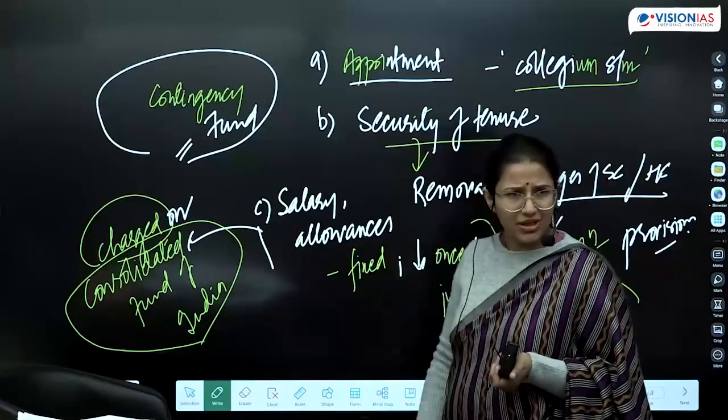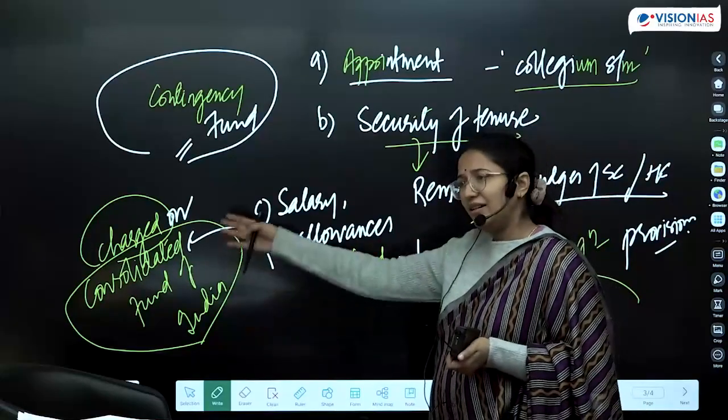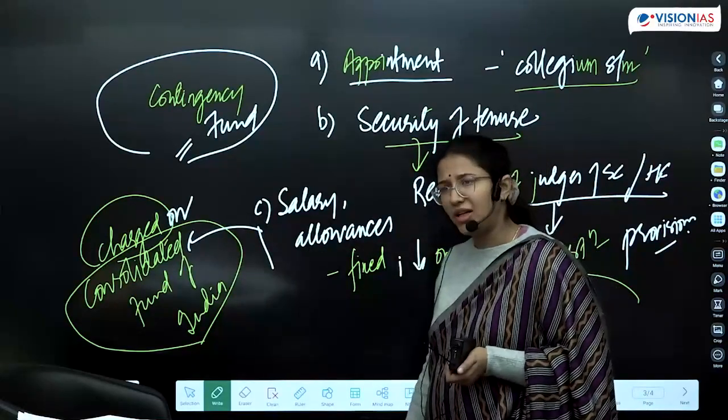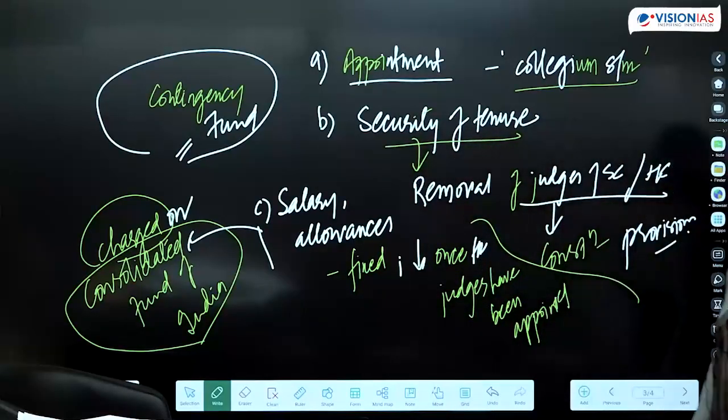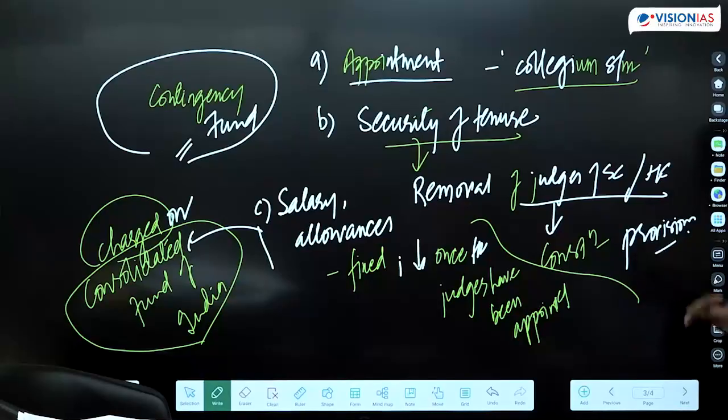UPSC member, UPSC chairman, है ना? Their salaries would be charged and they are not subject to yearly votes by the parliament because they perform a very important role. They recruit the permanent executive. Without them, and the bureaucrats have been referred to by Sardar Vallabhbhai Patel as the steel frames on which the governance of the country relies.